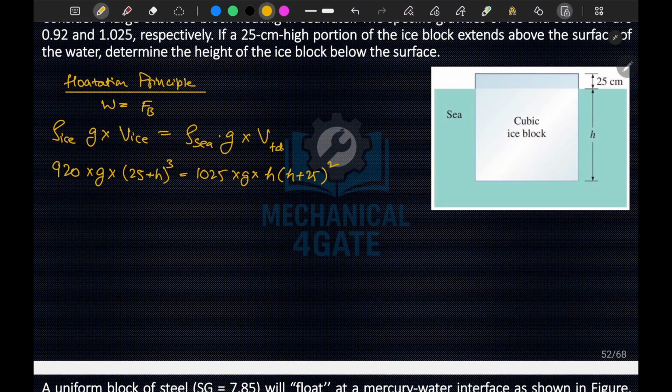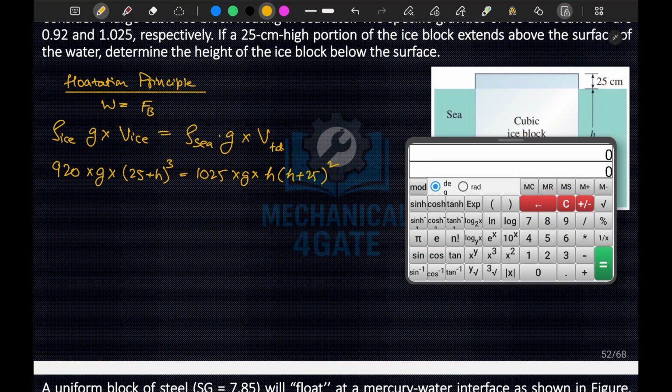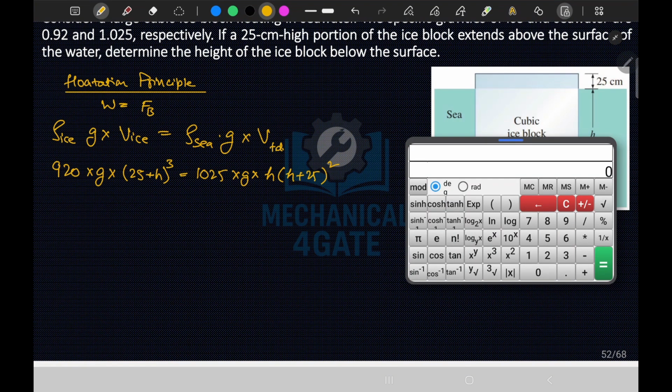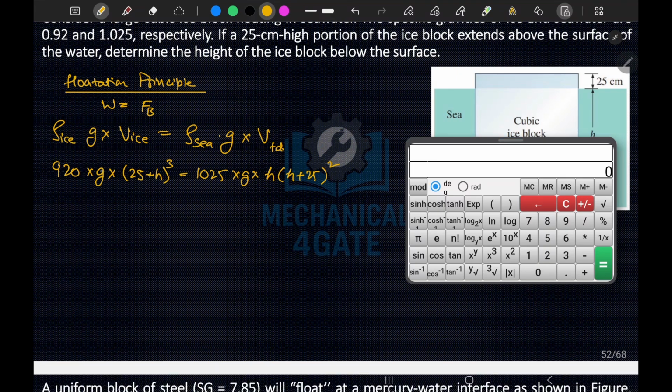So we have to solve this to calculate the value of h. Let's substitute the values here. g will cancel out, and this will become 25 plus h cubed is equal to 1025 divided by 920 times h times h plus 25 squared. This square term will cancel out on both sides, and only power 1 will remain.